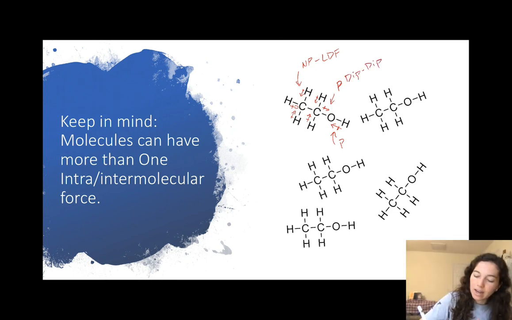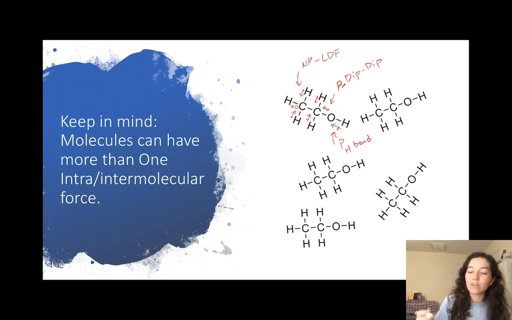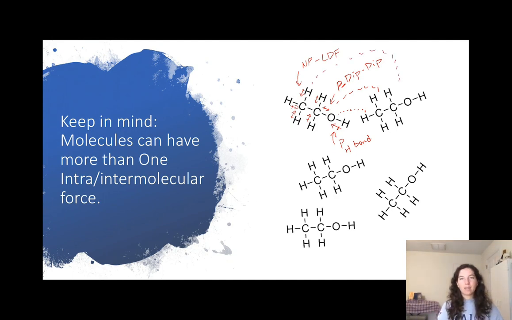This one here is a hydrogen bond because it's between an oxygen and a hydrogen. Hydrogen bonds are really easy to spot. So this one has 3 different types of intermolecular forces and 2 different types of intramolecular forces. These molecules interact with each other through hydrogen bonds, dipole-dipole bonds, and London dispersion forces.